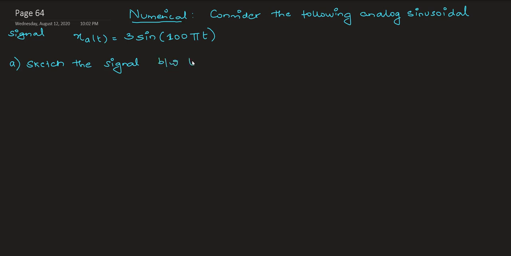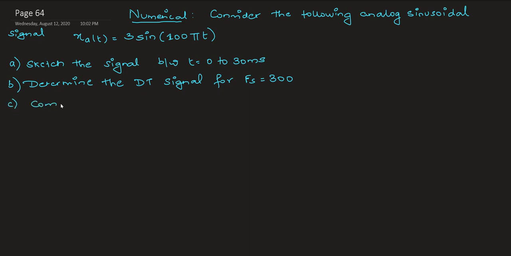So the first question is, given a continuous signal 3 sine 100 pi t, we are asked to sketch the signal between t equal to 0 to 30 millisecond. Determine the discrete time signal for sampling frequency fs equal to 300.